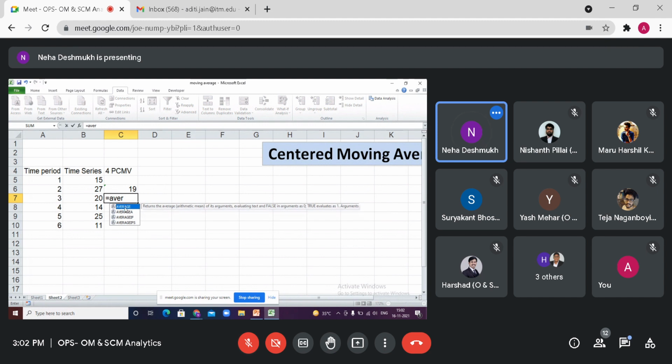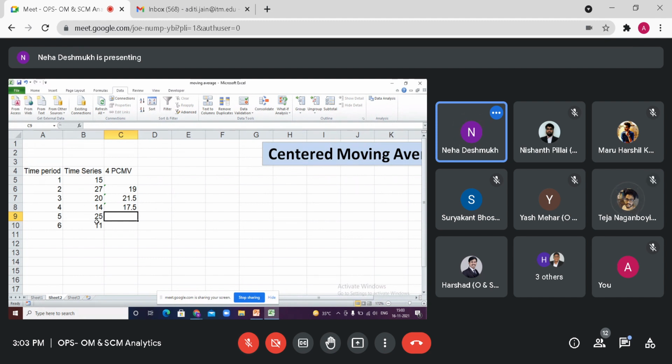Average. Leave the first one, take 1, 2, 3, 4, and enter. What should be the one more value remaining? You can select it from 20, 12, 14, 15, and 11. Agree?